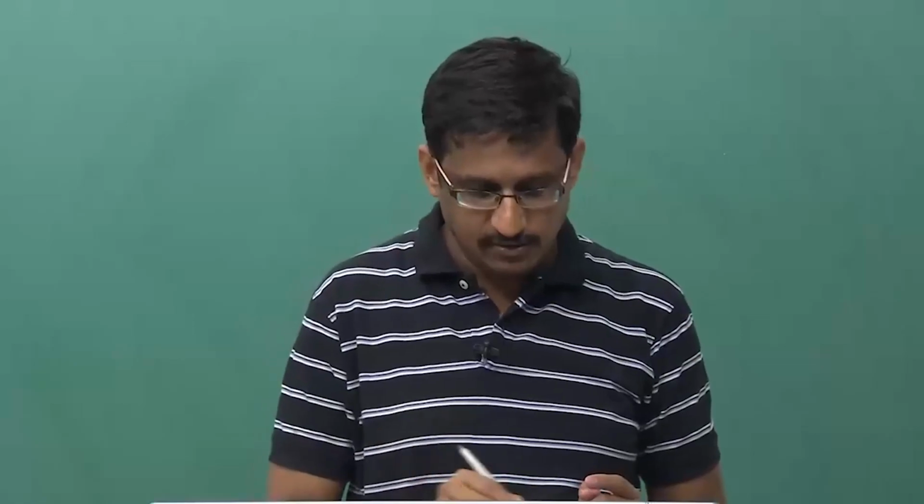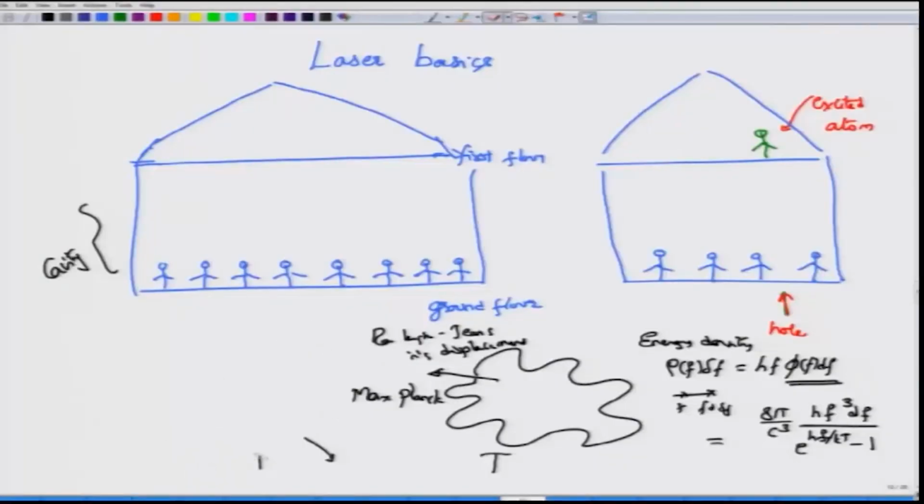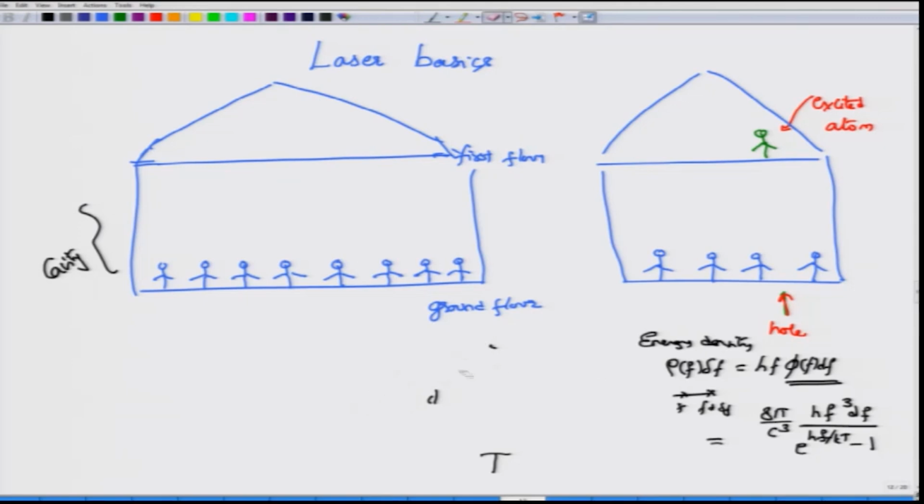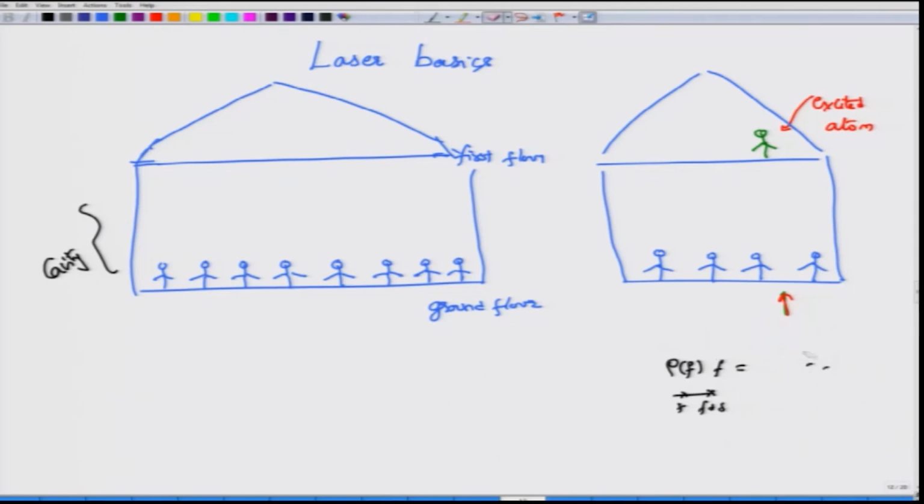To simplify our analysis, instead of considering bands, I am going to assume discrete energy levels, E1, E2 and so on. For now, we will consider only two energy levels, and the difference between them is E2 minus E1.